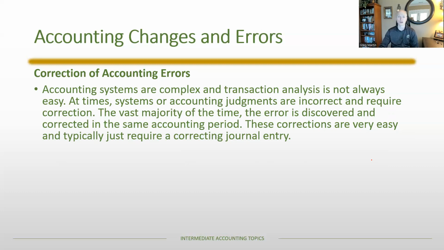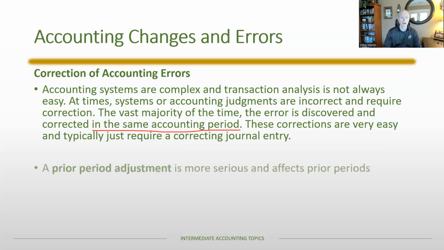Usually that's going to be discovered in the same accounting period. Normally, as part of the audit process or even the internal process, the error is identified beforehand, so nothing's been sent out to the public. We discover it internally, we make a correction, and off we go. Those are fairly easy, but you do need to make a correction in your journal.